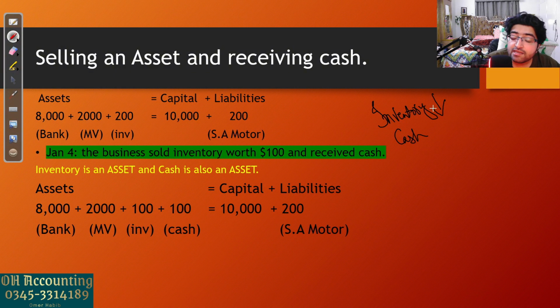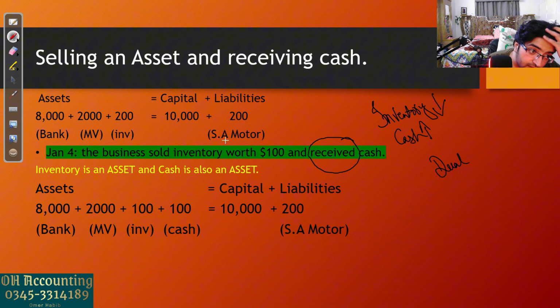So our inventory is decreasing. Inventory will be reduced because we are selling it. Whereas cash will increase because we are receiving cash. When you sell something, you receive cash, right? So received cash means cash will increase. This is the dual effect. This is again a dual effect on the accounting equation. One asset is decreasing and the other asset is increasing.